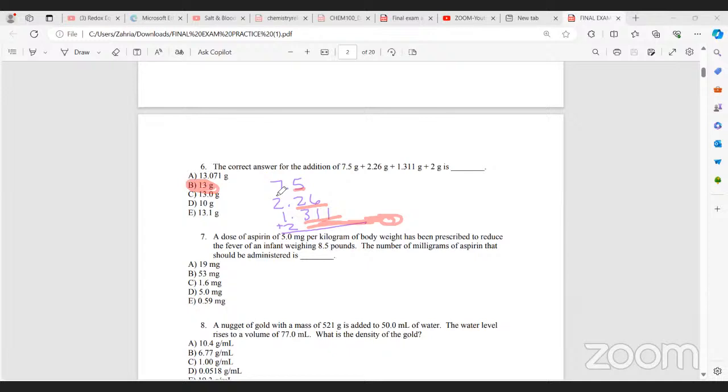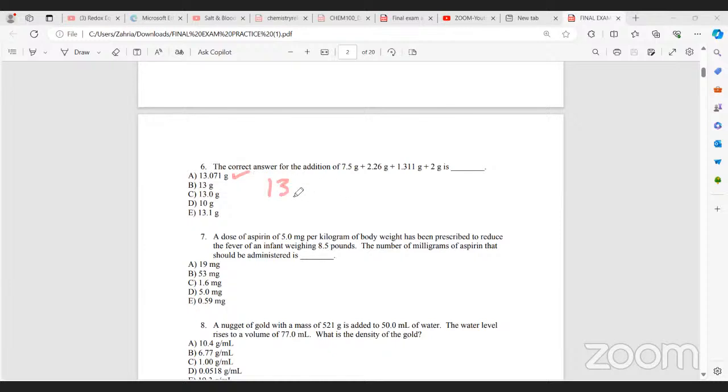But just simply knowing, good job, Afia, the rules helps you out. If you know the rules, you can easily find the answer without having to plug this into the calculator. But if you plug this into the calculator, what you will get is letter A, 13.071.